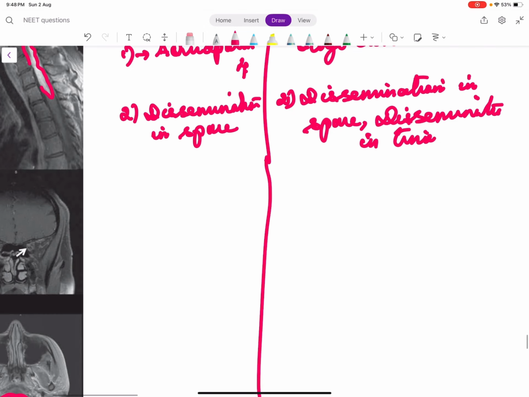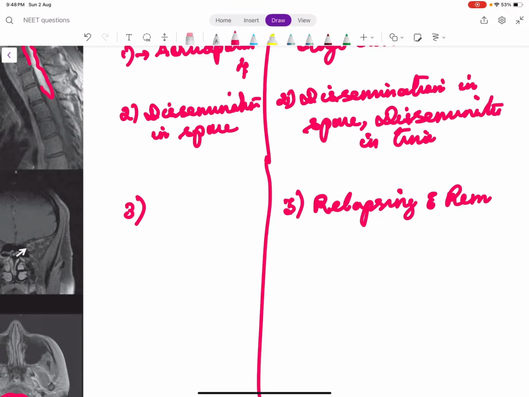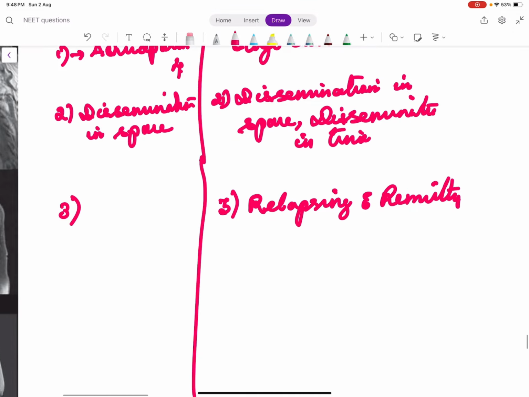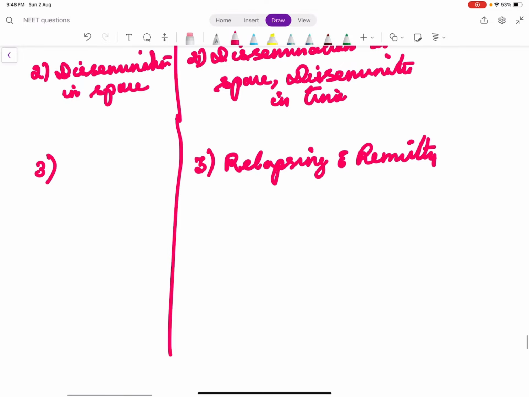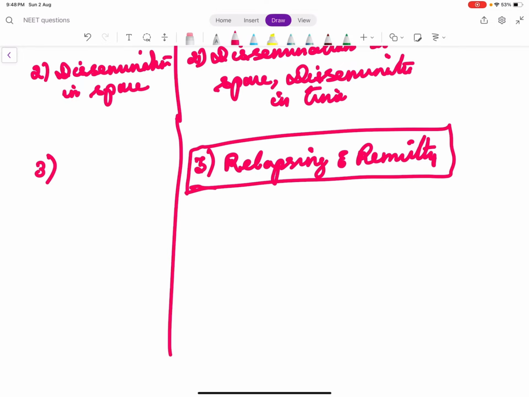One important feature of multiple sclerosis is it is relapsing and remitting. That is, it comes and goes. It is not a single time event. On taking treatment, it may resolve, but it may come again. This relapsing remitting is very, very important clinically.